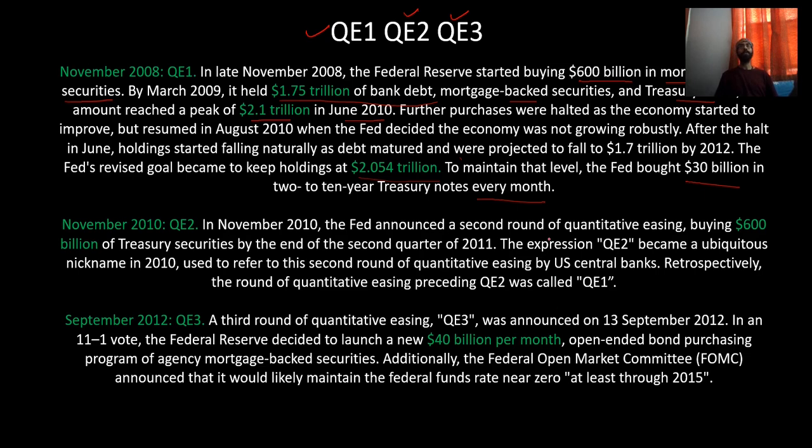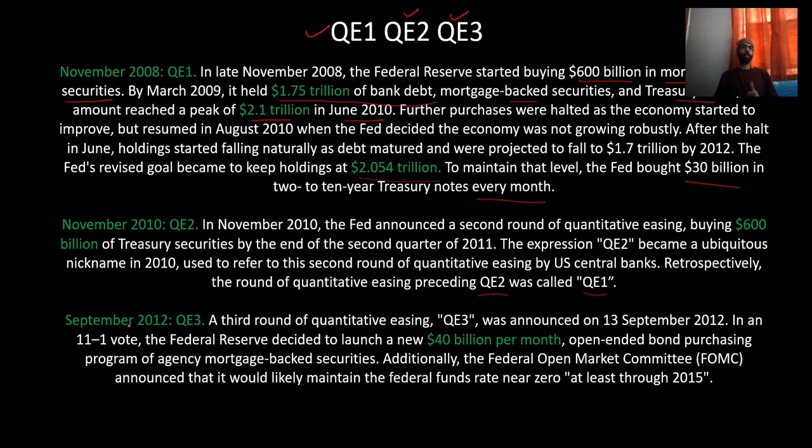So after buying 2.1 trillion the peaking happened, then again every month $30 billion worth of purchasing was happening. Then in November 2010, another buying spree of 600 billion in treasury securities was targeted and executed. So retrospectively, the round of quantitative easing this time was QE2 and the preceding one was named QE1. Right?